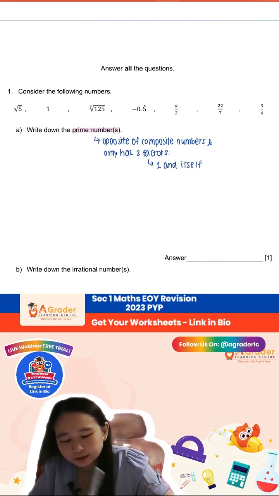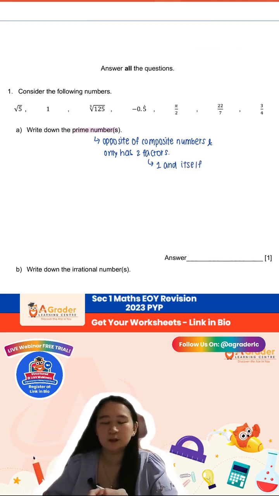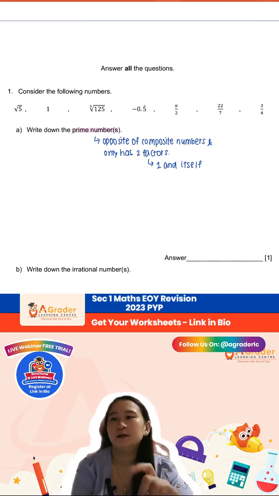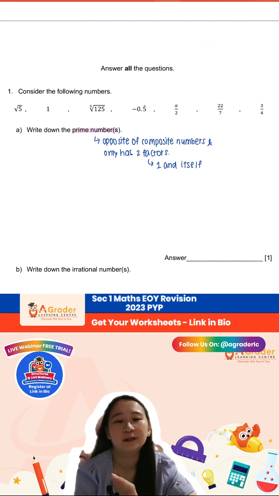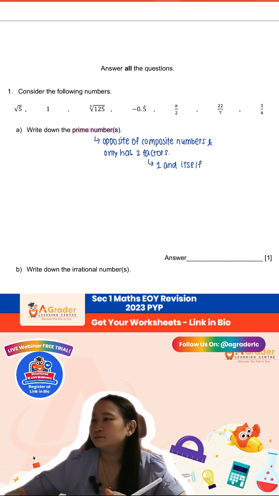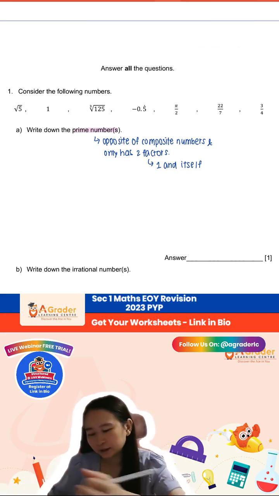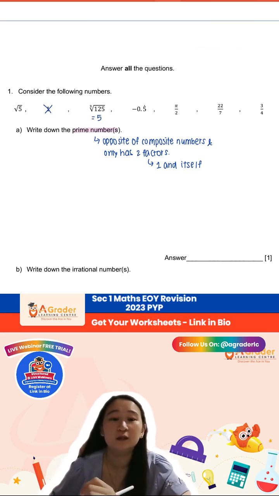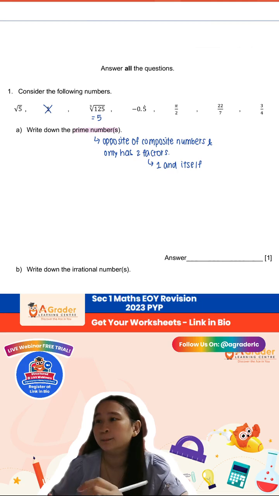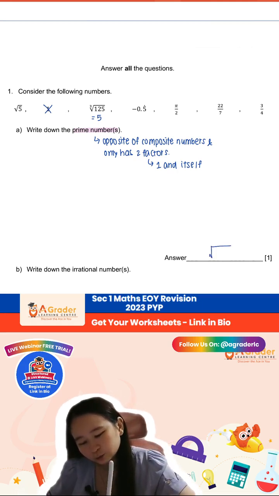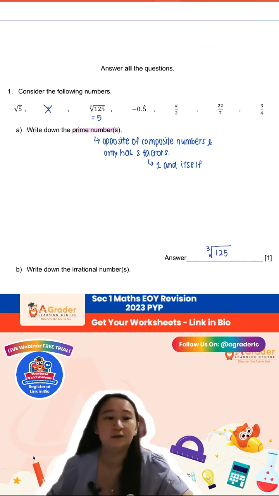Take note here that 1 is not a prime number because itself cannot be 1. If number 1 only has one factor, it's not two factors. So the only prime number here would be cube root of 125 because this equals 5. As long as the number is not a whole number, it's definitely not a prime number. So the answer will be cube root of 125.